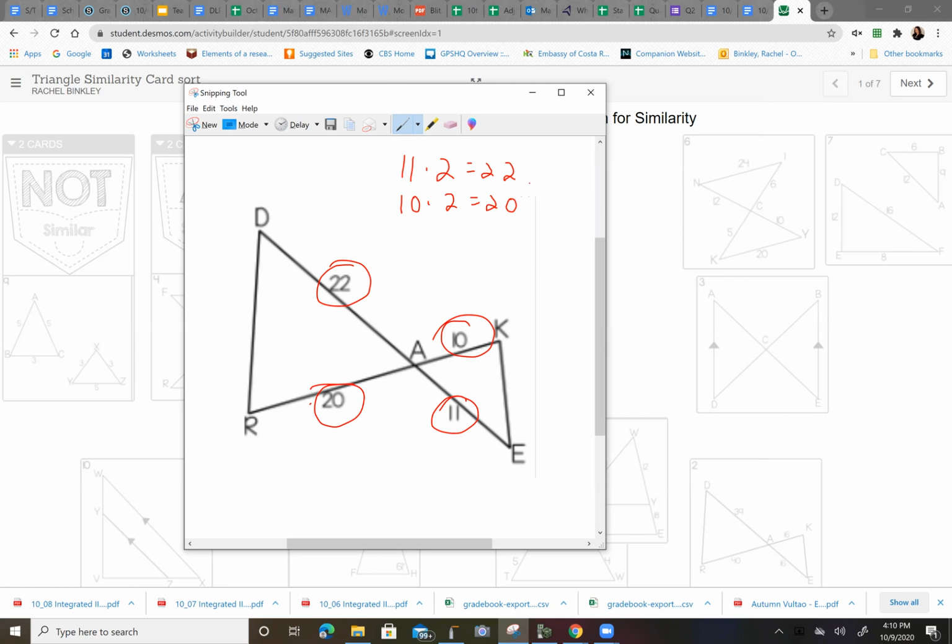But what I do know about this figure is that these two angles are congruent because they're vertical angles. So now I know that my sides are proportional and the angle in between them is the same. So by side angle side, they are similar. So I put that under side angle side.